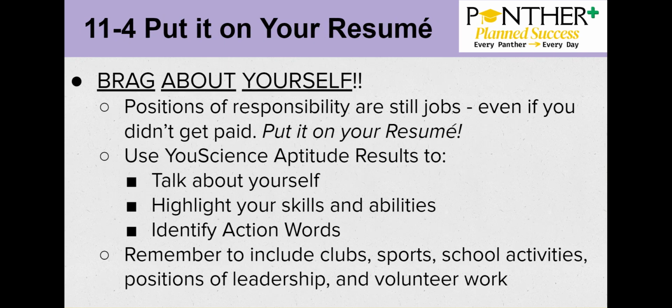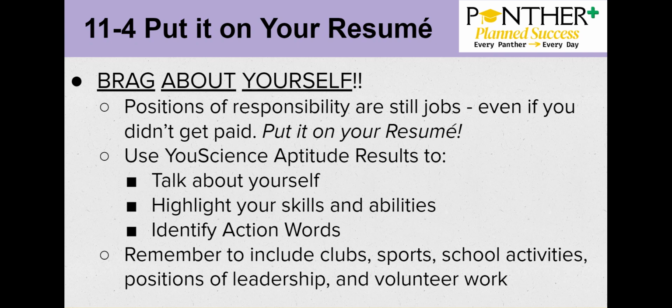Make sure you put things on your resume that are going to highlight who you are and set yourself apart. So brag about yourself. If you had any positions of responsibility, that's still a job, even if you didn't get paid for it. If you were section leader in band, if you were an officer in a club, make sure you highlight those things. And again, use Use Science aptitude results to talk about yourself.